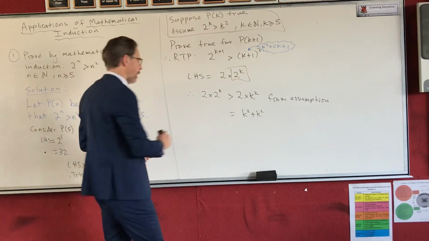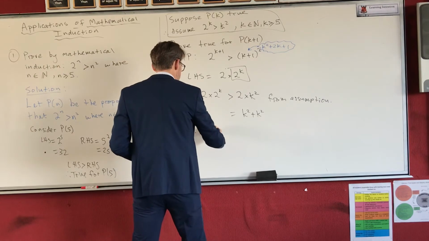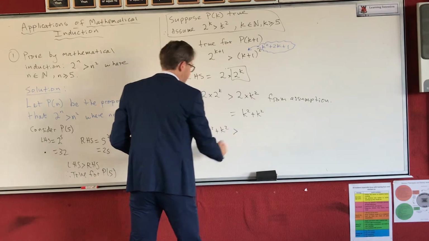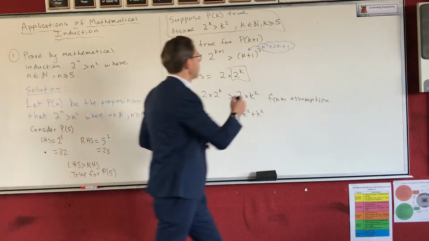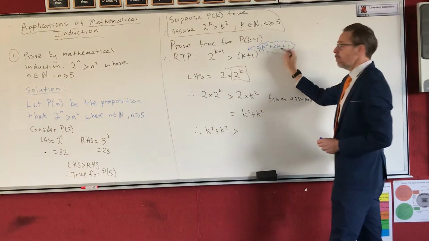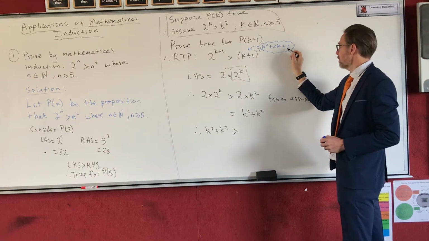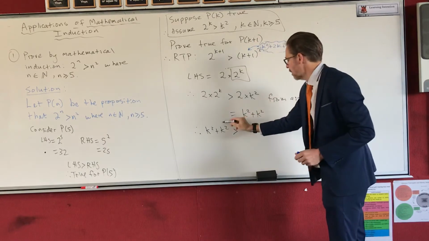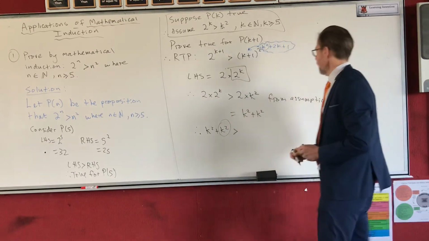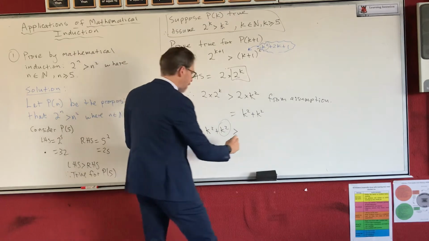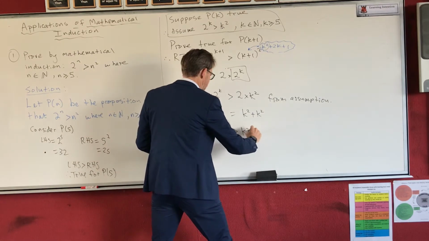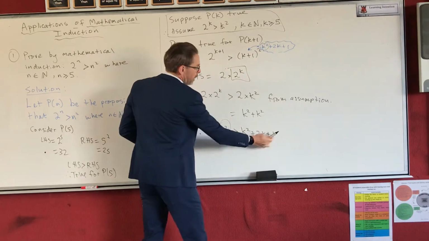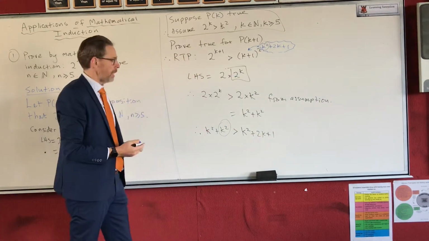Now, therefore I can say k squared plus k squared is greater than, now let's think about this, we need to get a 2k plus 1 into the question. We've already got a k squared there, no problem. I'm going to use this one here. And what we're going to write down there is this is greater than k squared plus 2k plus 1. By putting that in there, it allows me to get to the (k+1) squared.